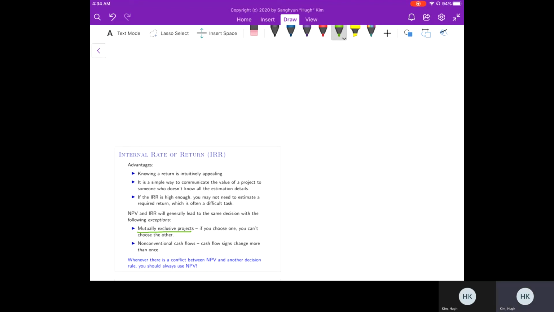The second exception is when we have non-conventional cash flows. So what is non-conventional cash flows? Well, we have to understand conventional cash flows first. So what is considered to be conventional?